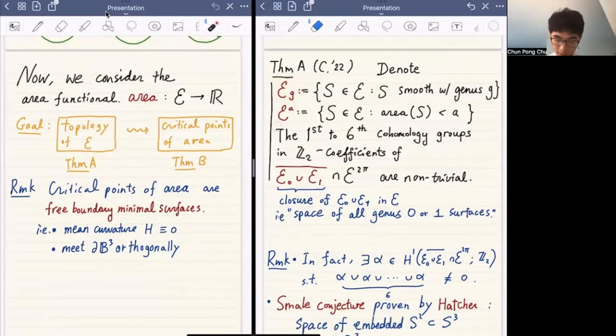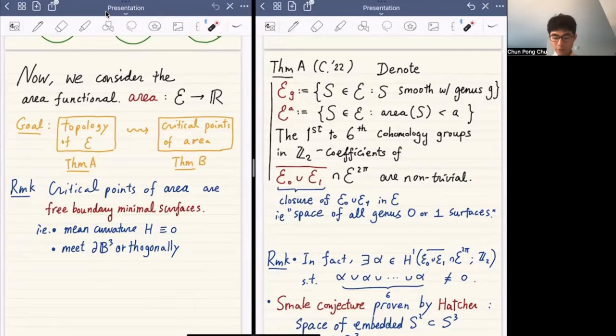And then E^A be the set of all elements with area less than A. Although some elements in E would not be smooth, we can still talk about the area because there are only finitely many singularities.